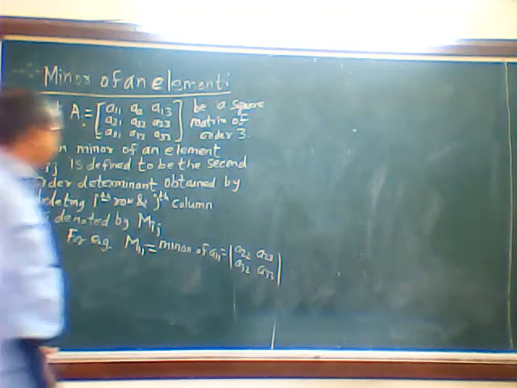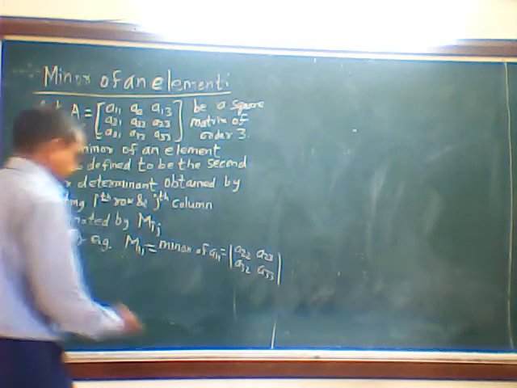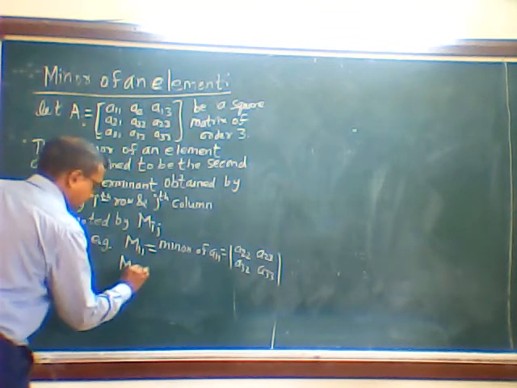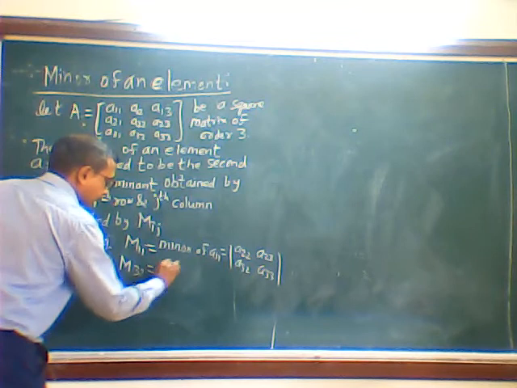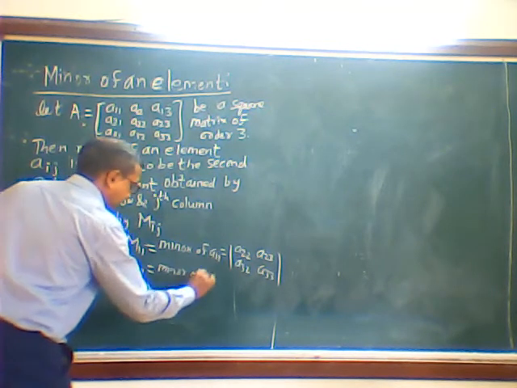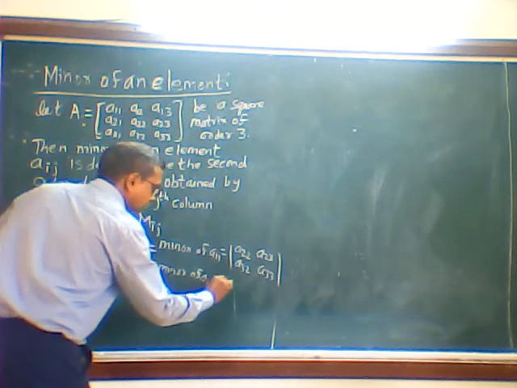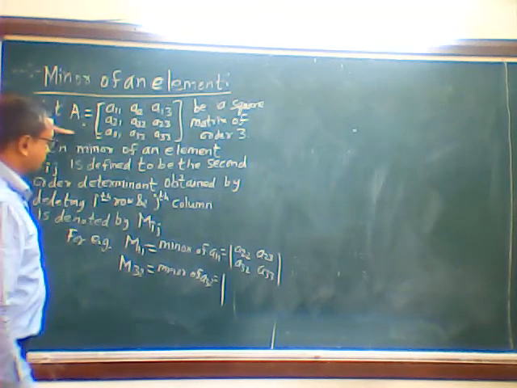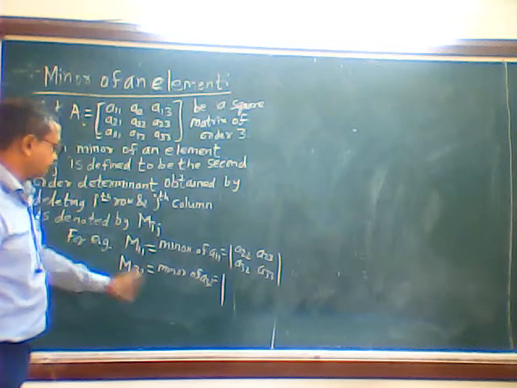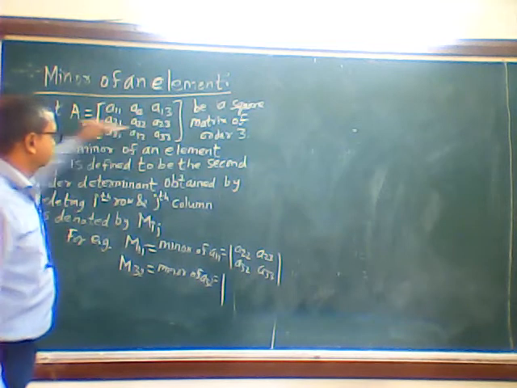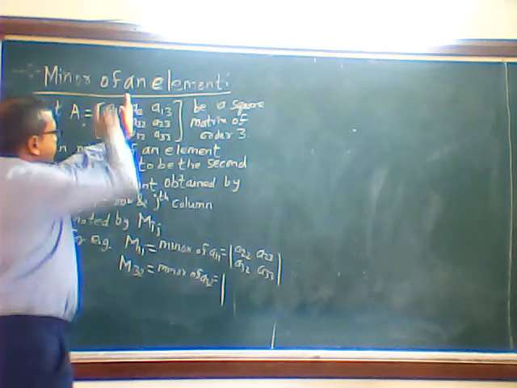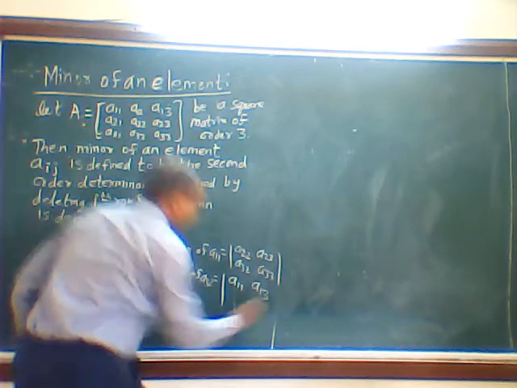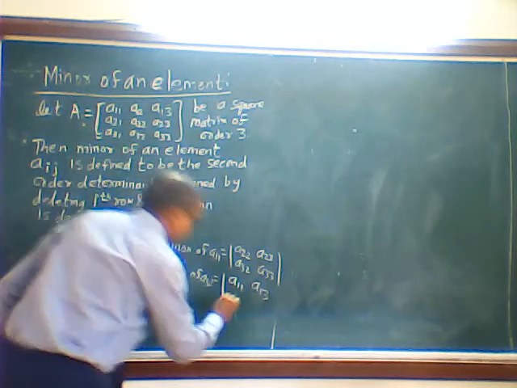If I say M32, that is the minor of A32. 3 stands for the third row, and 2 stands for the second column. Third row, second column deleted means the remaining elements are A11, A13, A21, A23.